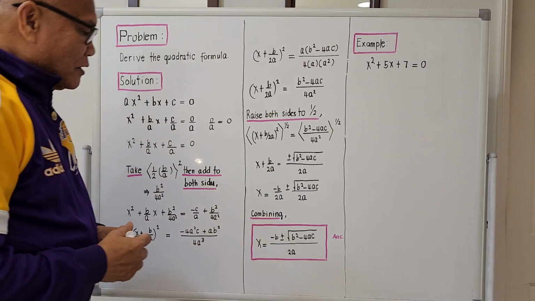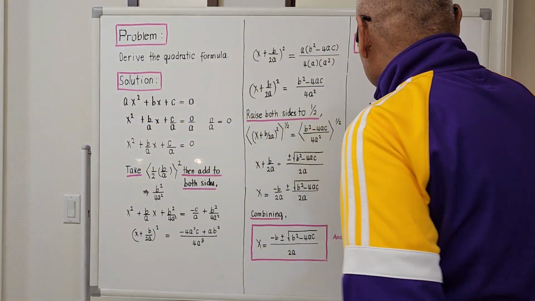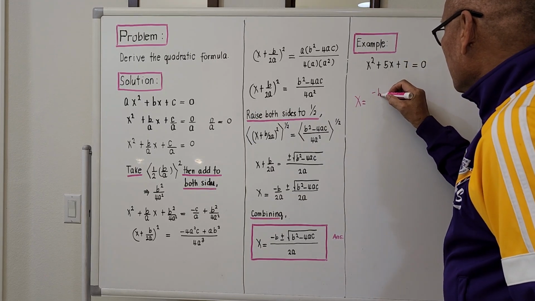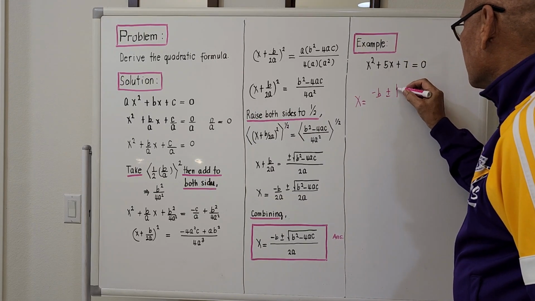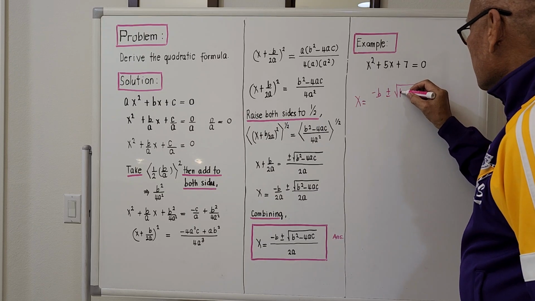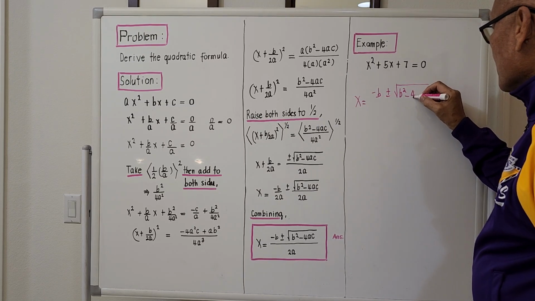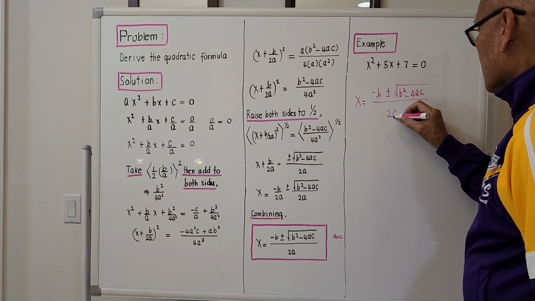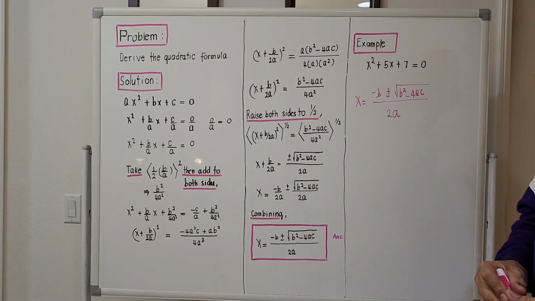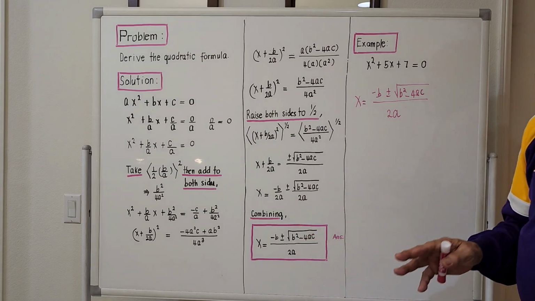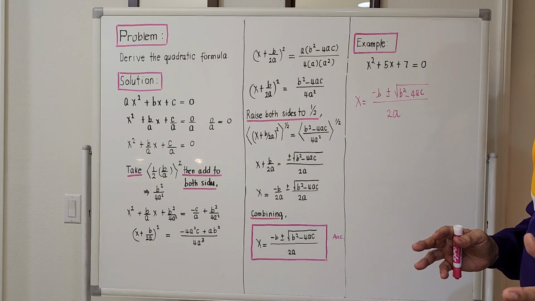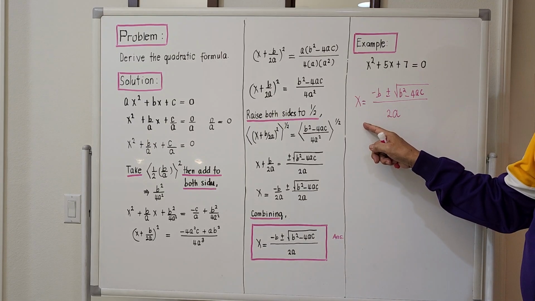We are to derive this equation here. x equal to negative b plus or minus the square root of b squared minus 4ac, all over 2a. If you study mathematics or you have graduated from an engineering course, you will not forget this formula.